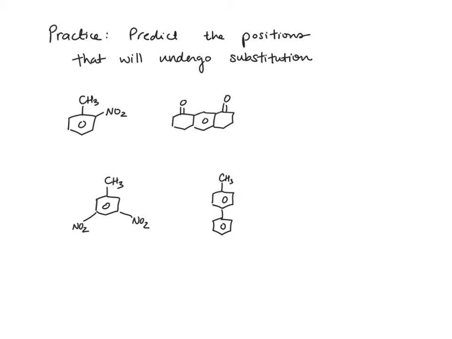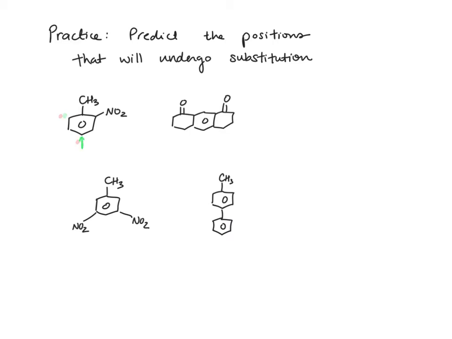So in our first example, we are comparing a methyl group, which is ortho-para directing, to our nitro group, which is meta directing. So both of these positions want to be functionalized at the same position, although keep in mind it's that methyl group that is winning, because that is the activating group.